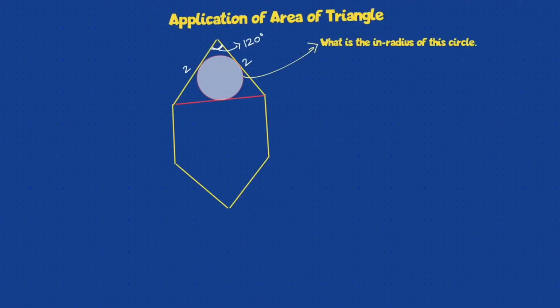Let's look at an application of area of triangle. I am being given here a regular hexagon. We have studied what a regular hexagon is, and we'll study this in quadrilaterals and polygons as well: all the sides are equal, all the angles are equal. So the angle is 120, side is 2. Inside that I draw a circle which is an incircle. The question here is, what is the inradius of this circle?